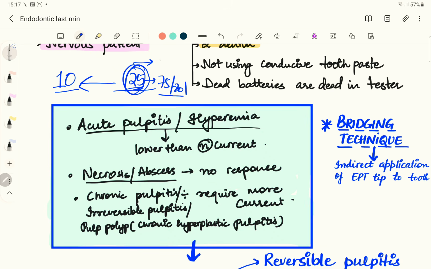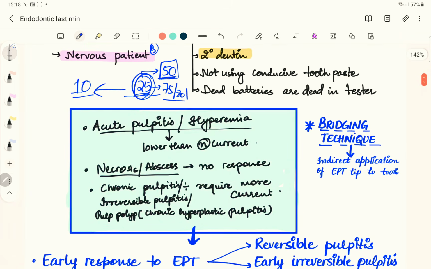For example, if the patient feels the electric current at 50, that is an increased level of current, and the patient shows a painful response, that means the patient has either chronic pulpitis or irreversible pulpitis, or a pulp polyp, which is also known as chronic hyperplastic pulpitis.